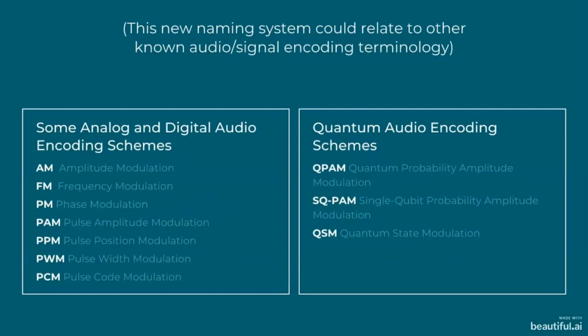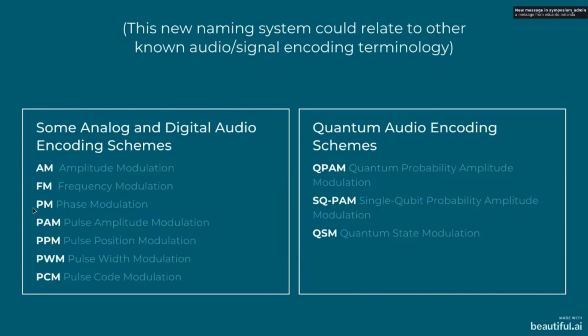This new naming system is really about trying to bring this terminology back to the audio community. We can see that many encoding schemes, many ways to encode signal information, both in analog and digital systems, use this modulation radical. And I thought, well, we could do the same with quantum audio. So we have, of course, amplitude and frequency modulation that we can listen to on radios, and we have pulse code modulation, for example, that is very popular with digital audio.